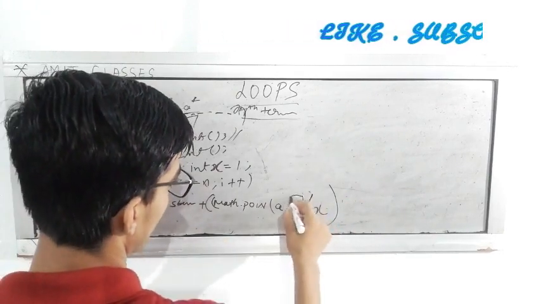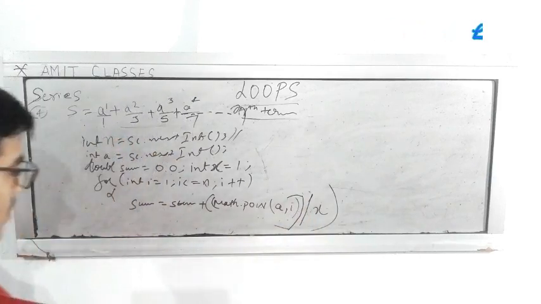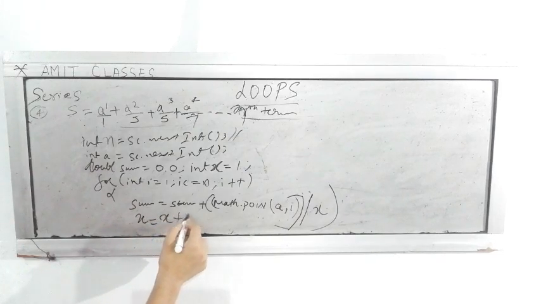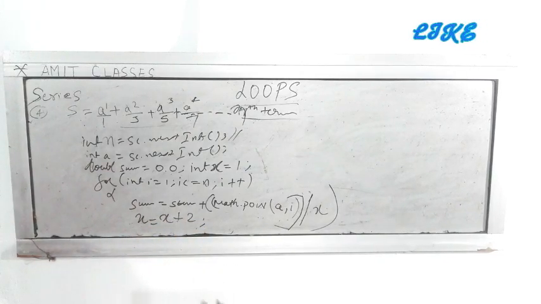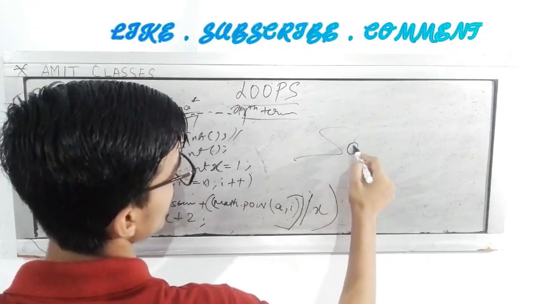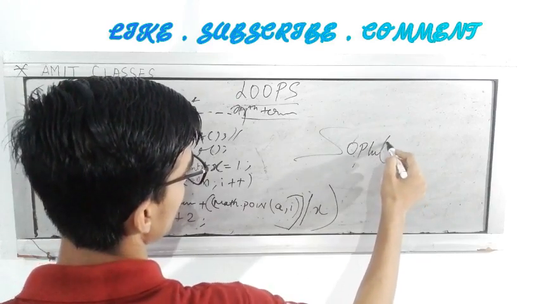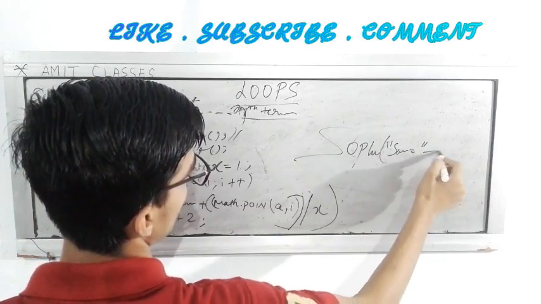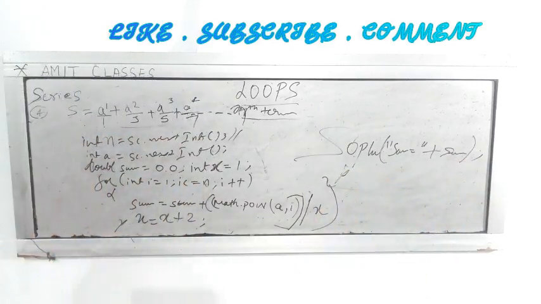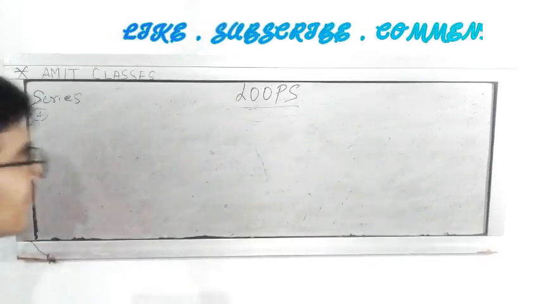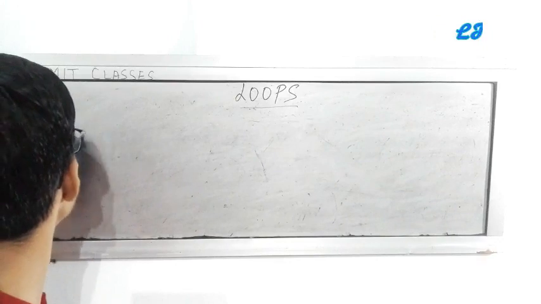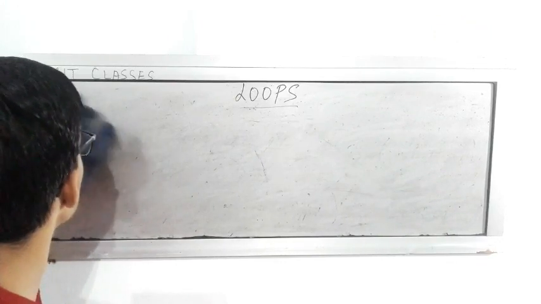And x is equal to x plus 2, and sum is equal to sum plus this. This is the program. As we know, now we have completed the series.